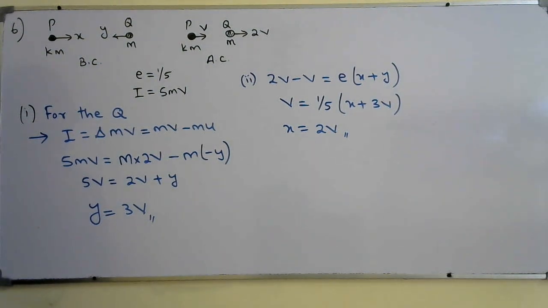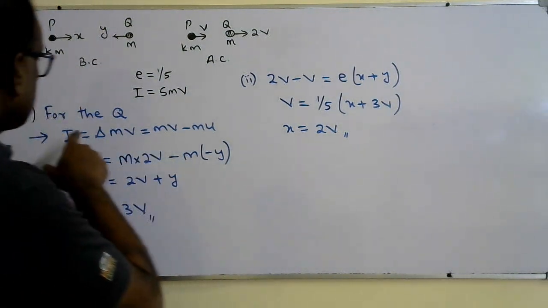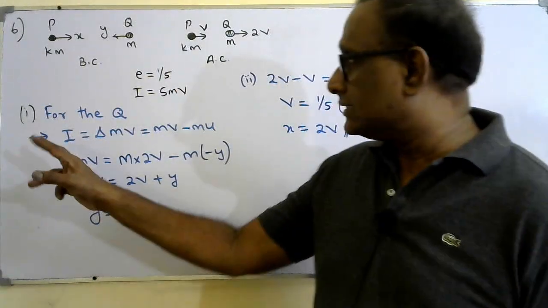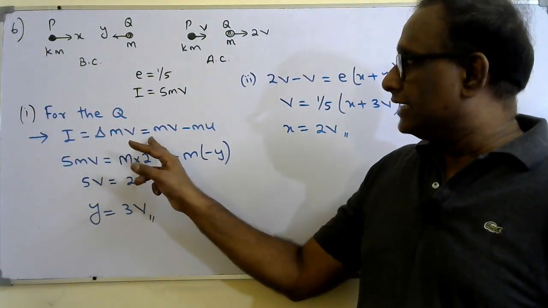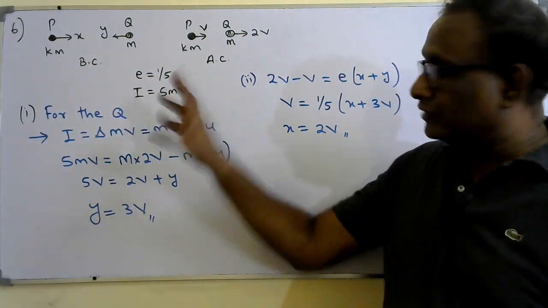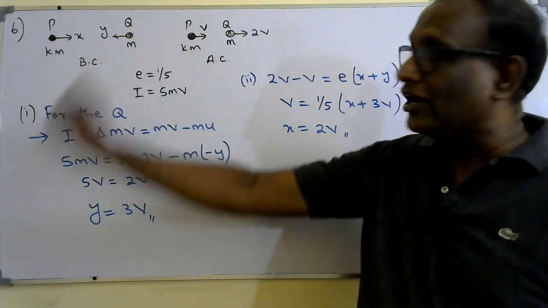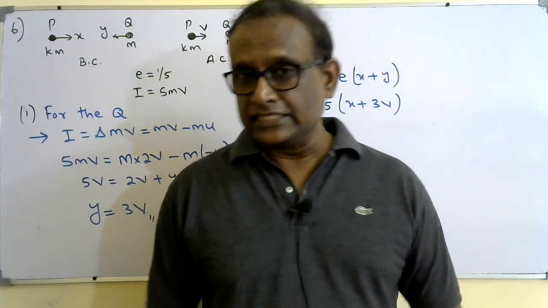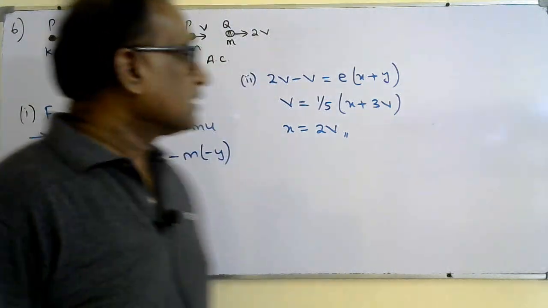So now students ask to find x, can't I use the same thing for P? What will happen if you use the same equation, change in momentum, I is equal to delta mv, for P? P will be in trouble because there will be k also in your answer, but k is an unknown. That's the third part. So that's the reason I used this equation.